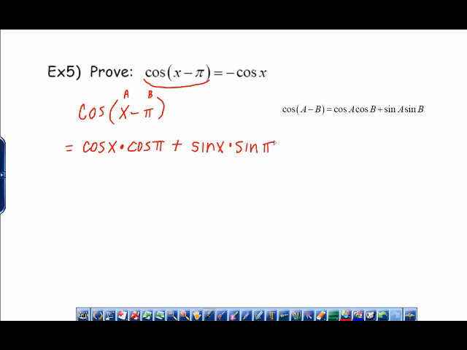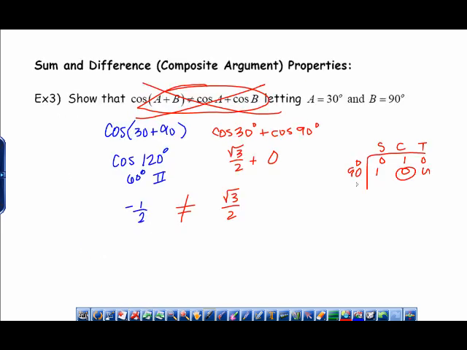Now remember that pi is 180 degrees, so we need to use the OIO chart to do some simple substitution. So I'm going to go back a page here where I had the OIO chart, and I'm going to finish it out a little bit. So sine of 180 is 0 and cosine of 180 is -1.